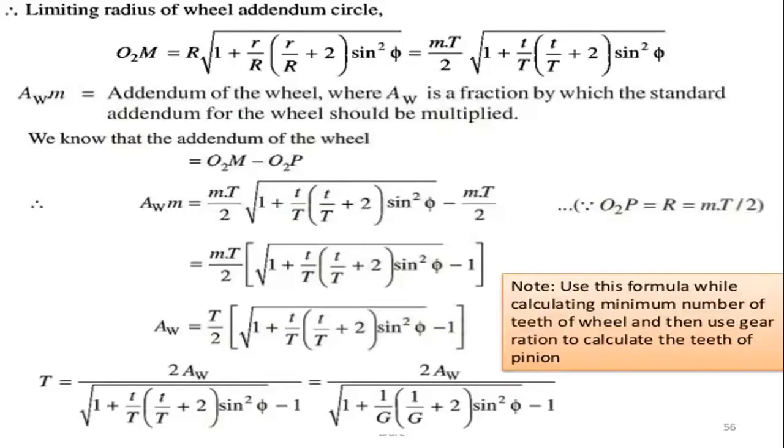Then we take the addendum of the wheel as AW into the module, that is AW into m, where AW is the fraction. The addendum of the wheel is O2M minus O2P.